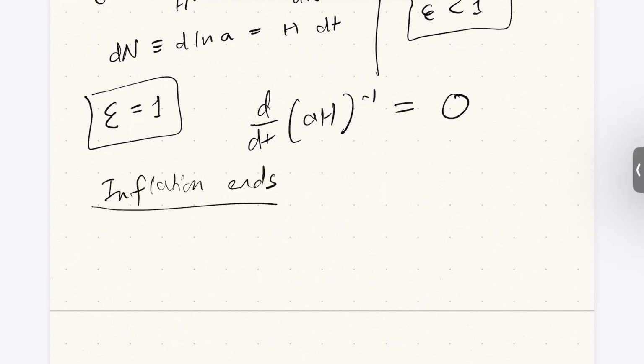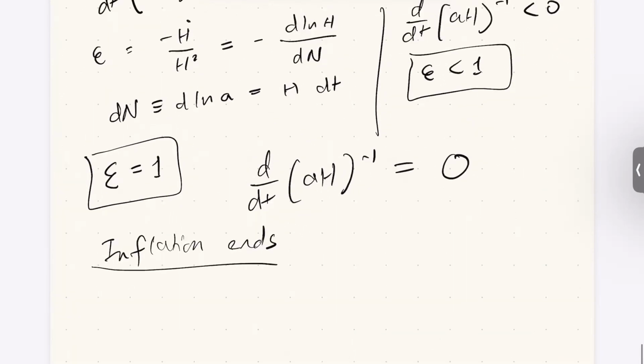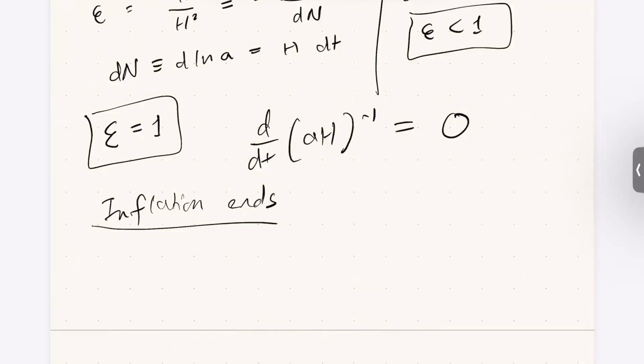Okay, maybe it's not very easy to see from here, but we can take an understanding that we have the Hubble radius shrinking, where d/dt is negative. We have a point where d/dt is 0.